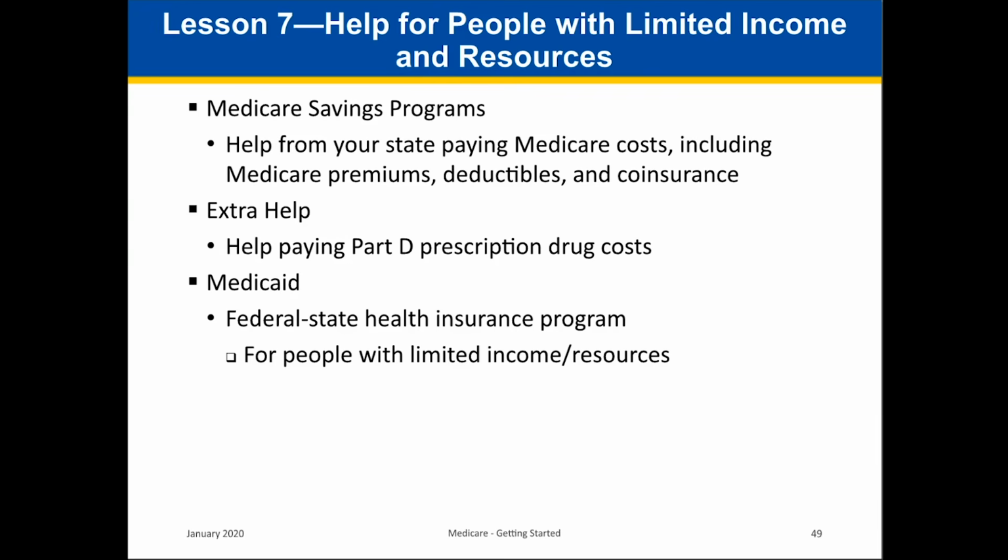The Medicare Savings Program provides help from your state paying Medicare costs, including premiums, deductibles, and co-insurance. It often has a higher income and resource guideline than full Medicaid. We would ask that they contact your state Medicaid office. Extra Help is a program that helps people with the cost of Medicare prescription drug coverage. It's also called low-income subsidies.